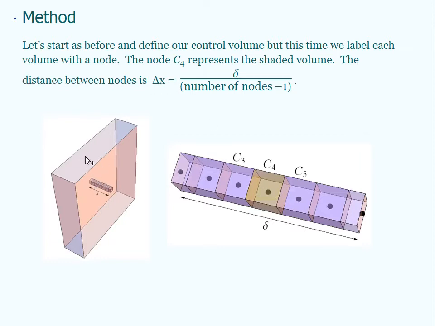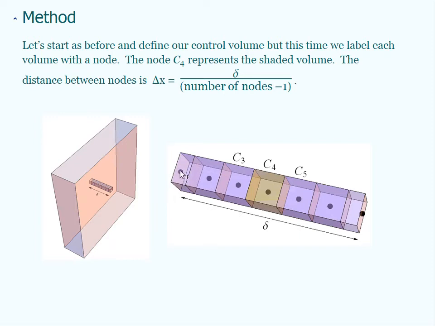Once we have a known thickness, we can break it up into a number of nodes or points, and the distance between these nodes, so the centers of each of these control volumes has a node in it, the distance between them is just going to be the length, or the thickness of our solid, delta, divided by the number of nodes minus 1.